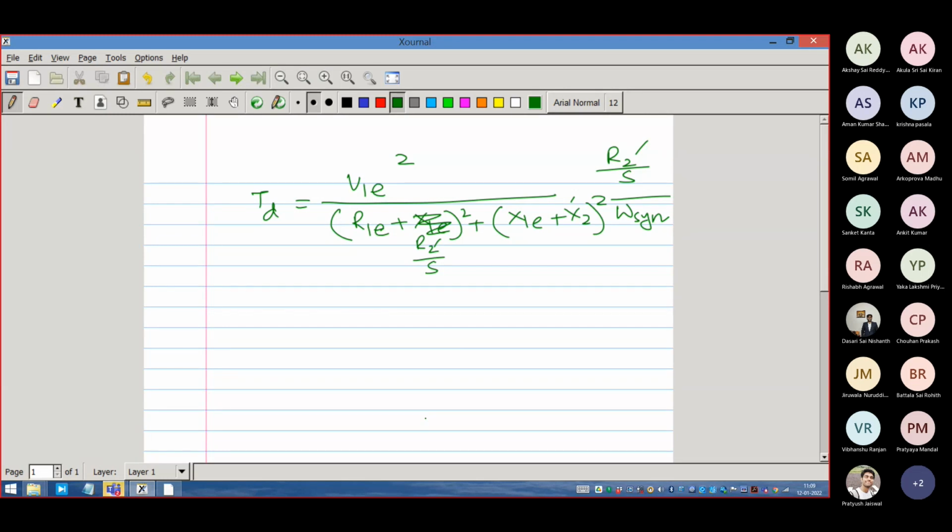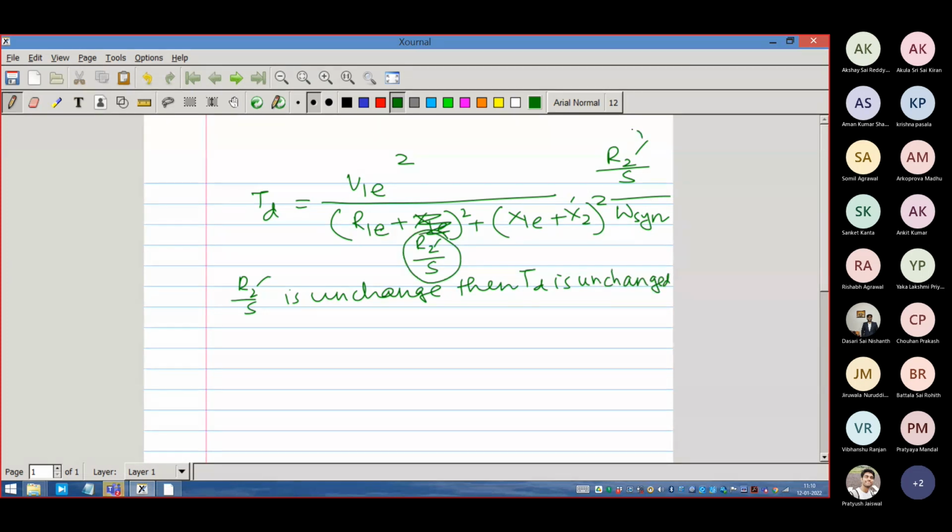So first of all, a few observations even before you go to the approximation. One interesting observation is that if R2 dash by S is unchanged, then torque TD is unchanged, all other quantities remaining the same.